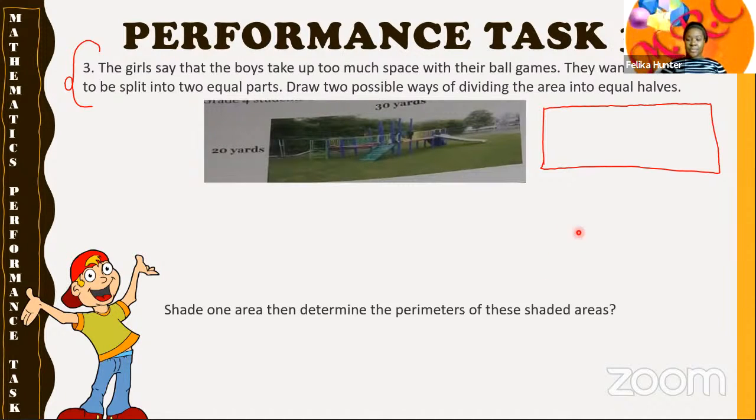All right. You can make the markings on the diagram here, Shake One.